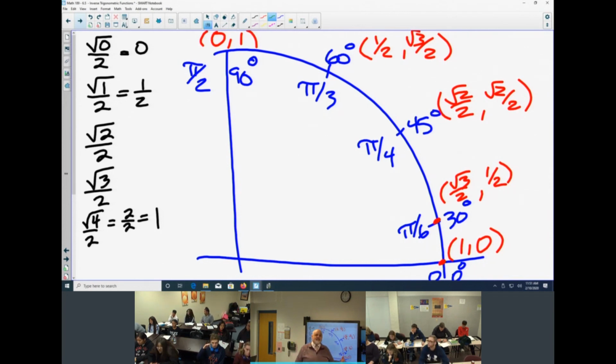This is like putting those two special triangles, the 45-45-90 triangle and the 30-60-90 triangle, the sine and cosine, all in one place. So have that either in your notes or print it out as you're working on problems, because as we go on, if you don't have it, it's going to be tough for you. So any questions on that?